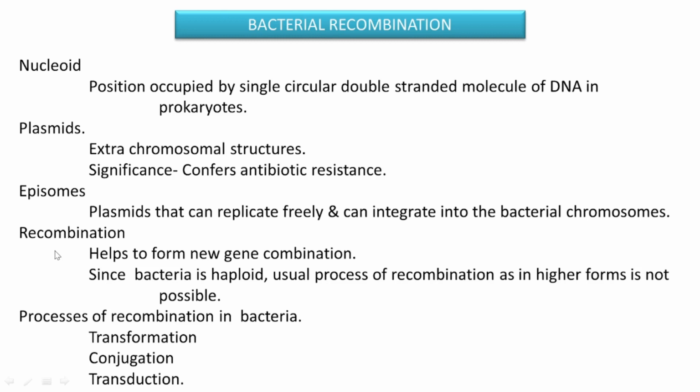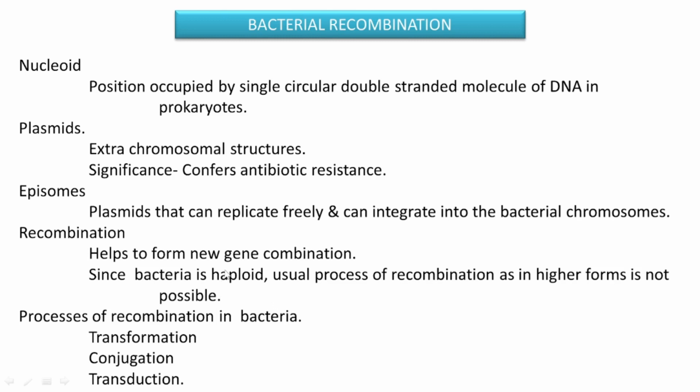As this bacterial cell is haploid, it is not possible for it to undergo division to divide the already existing genetic material. It's not possible because it is haploid. But they also undertake this recombination process.